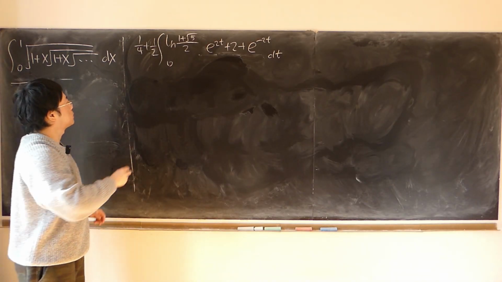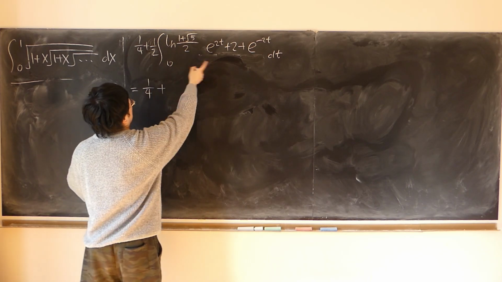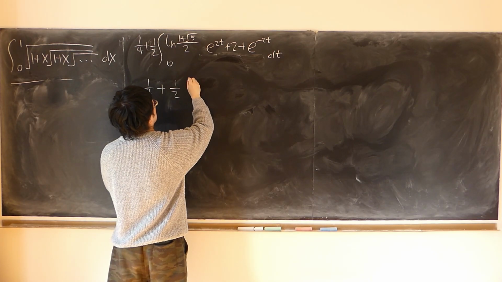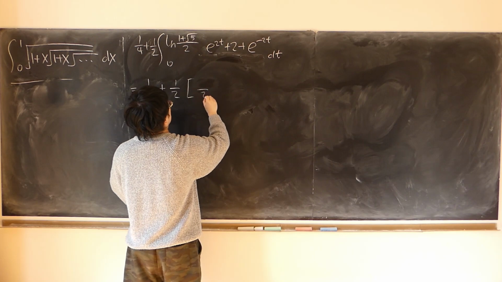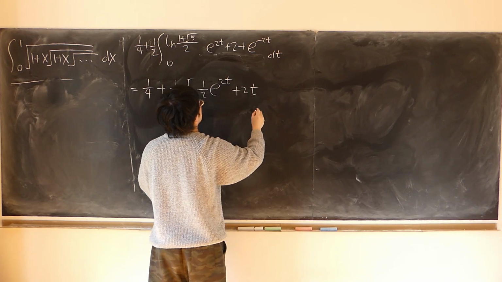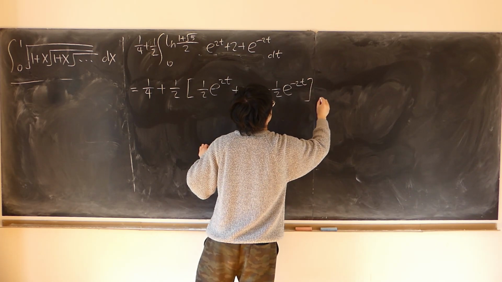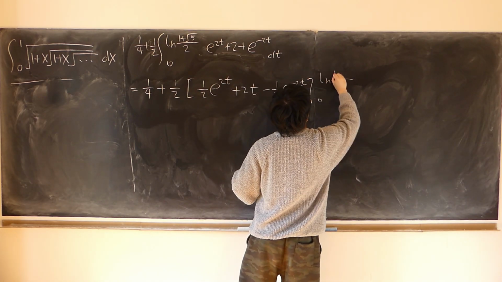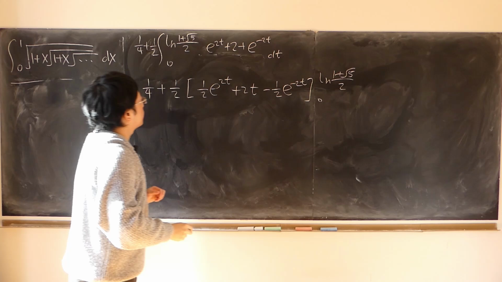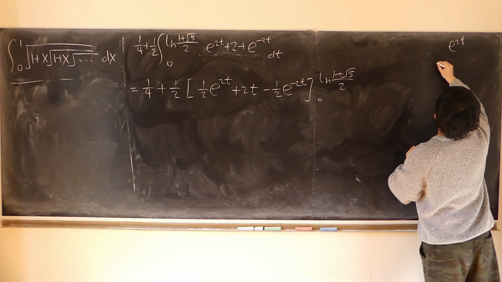Okay, so this is just some standard integration. As I pulled out half here, the rest is just the antiderivative: half e to the 2t plus 2t, minus half e to the negative 2t, from 0 to log of half square root of 5. But the question is, what is exactly e to the 2t?